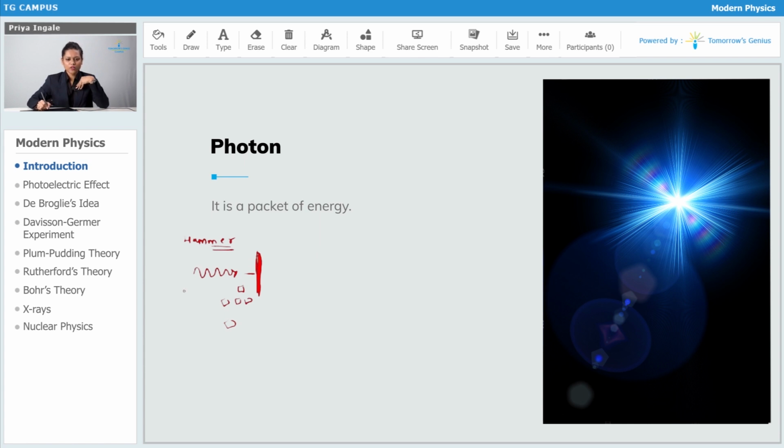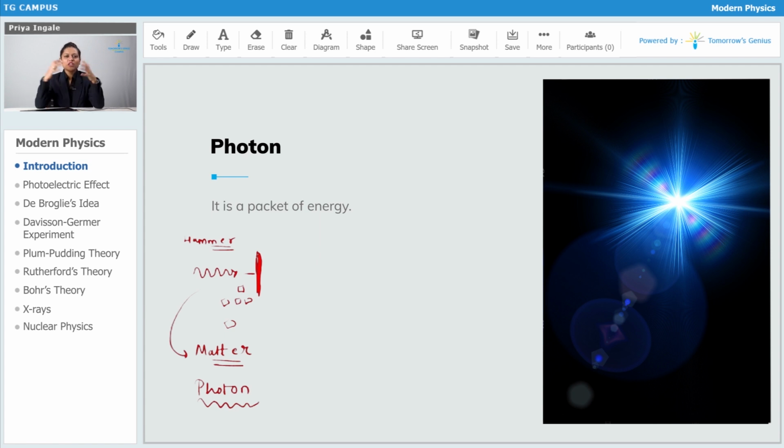Now, instead of a hammer, we are using radiation over here, and we can see that these particles are broken down. That means in this case, this radiation is behaving as matter, right? So, let me call that matter a photon.